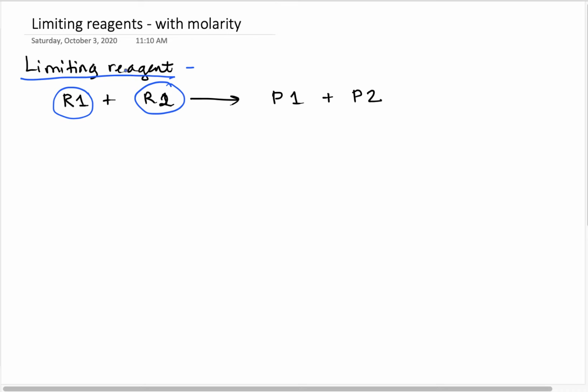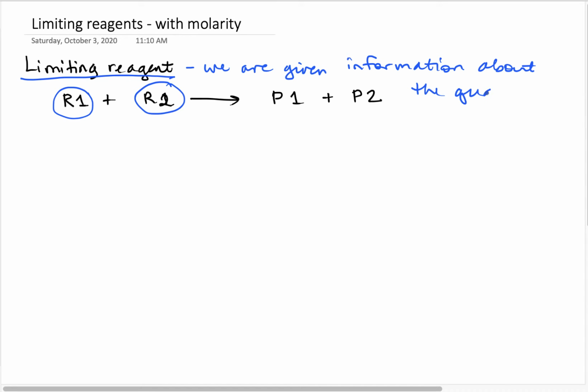And that's how we know for sure that we have a limiting reagent problem. So we are given information about the quantities of 2 or more reactants in the balanced equation.